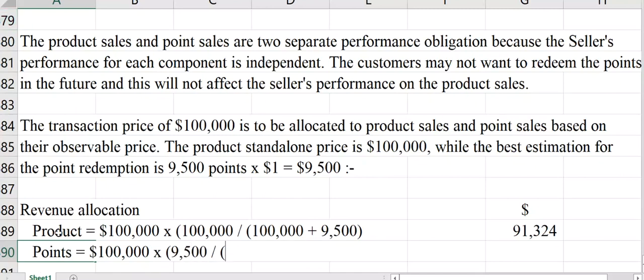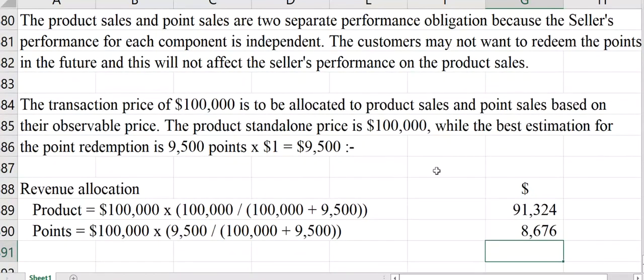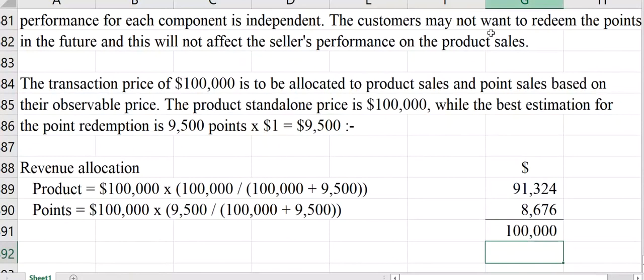Oh, this is double bracket. Yeah, miss it out. In total, it's like this, huh?